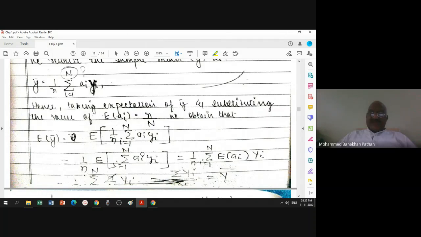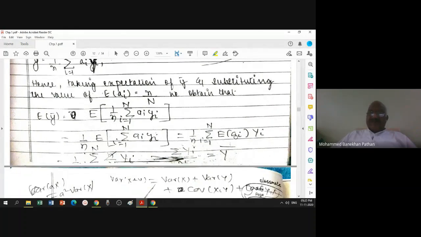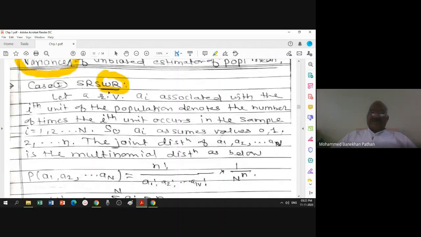Expectation goes inside for the random variable; y_i are fixed values. So E of a_i, which I wrote is n upon N. So n and this outside n get cancelled. It is summation y_i upon N, that is Y bar. This is the alternative proof that the sample mean is an unbiased estimator of the population mean in case of with replacement.